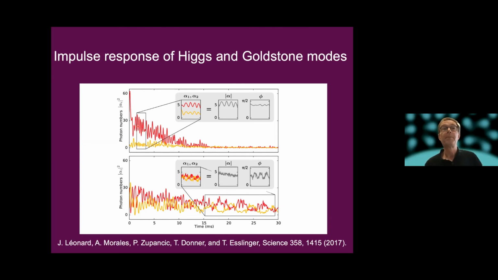And the data that is shown here, the upper data shows the Higgs mode, and here you see that both cavity fields oscillate in phase, and the absolute value of alpha is modulated, whilst the phase stays fixed between the two.